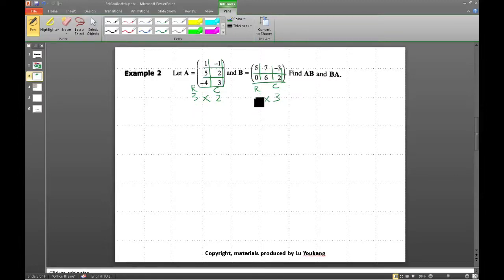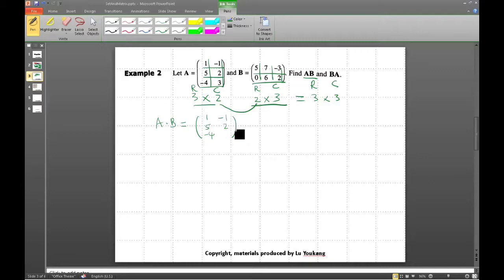In matrix multiplication, for the first matrix and the second matrix, the second term of the first matrix must be matched by the first term of the second matrix. Only if they match, then we have a valid matrix multiplication. Therefore, in the above example, we have a 3 times 3 matrix.